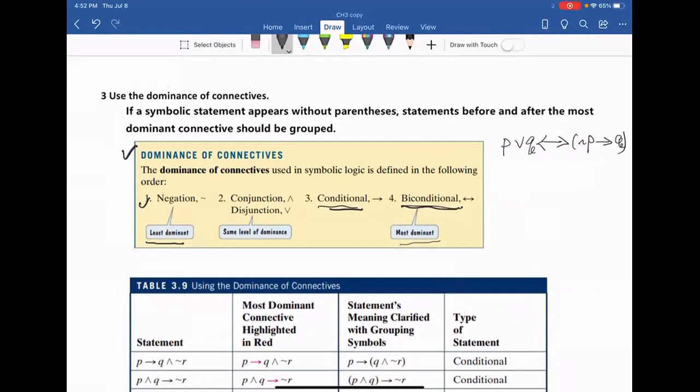The dominant connective that appears is a biconditional. So we can decide the type of this kind of statement is biconditional.